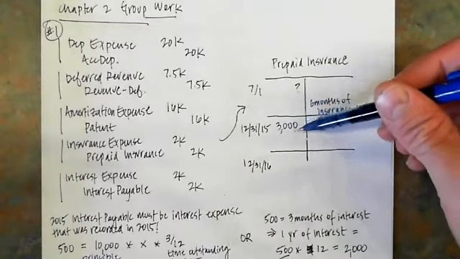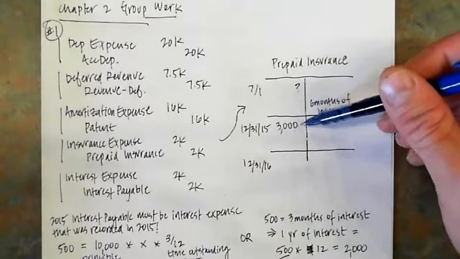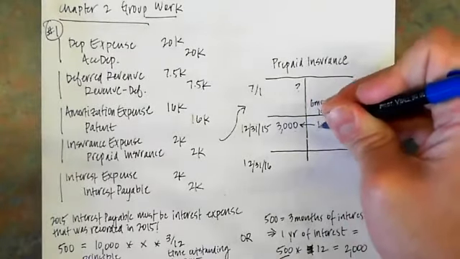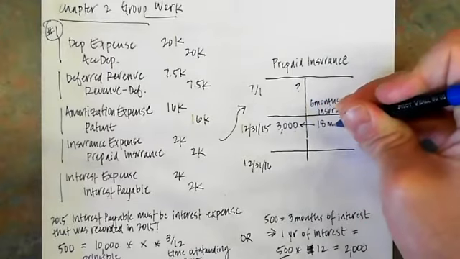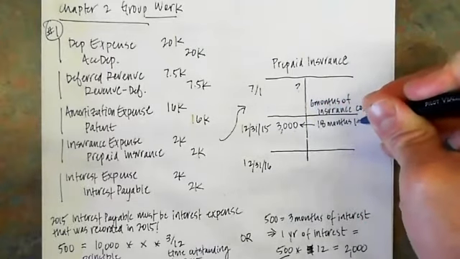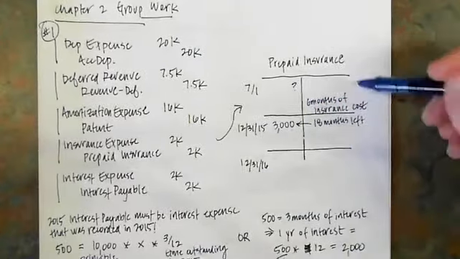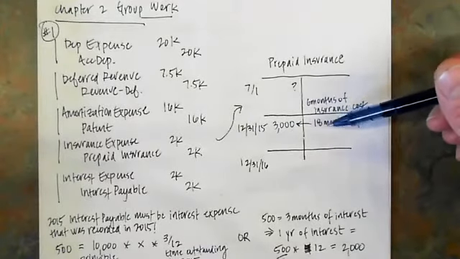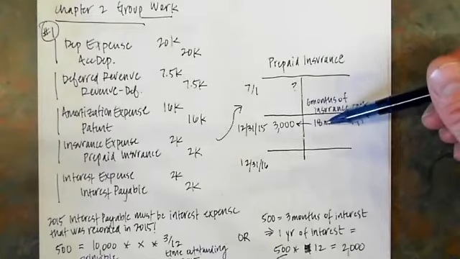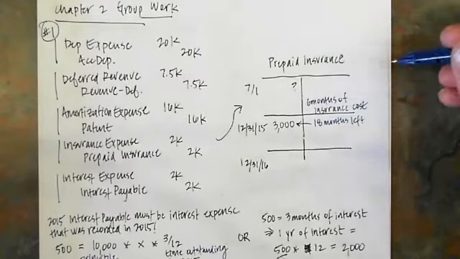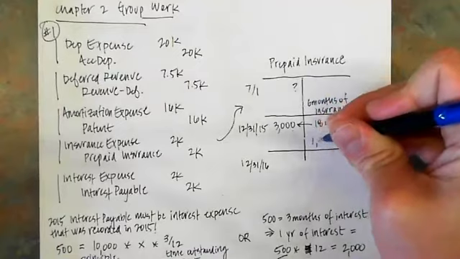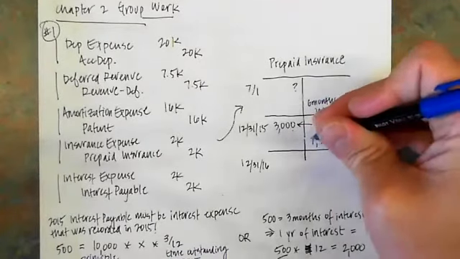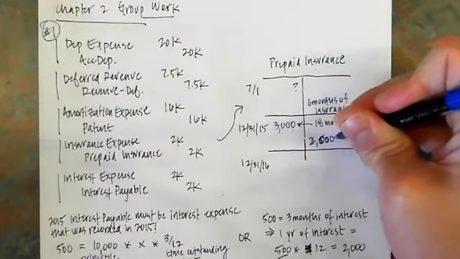Now, I also told you that this $3,000 represented 18 months remaining. And so again, you can divide 3,000 by 18 and multiply it by 12. That gives you the amount that you would want to recognize this year. In that case, then it becomes 1,500. And then after, I'm sorry, not 1,500, it becomes 2,000.